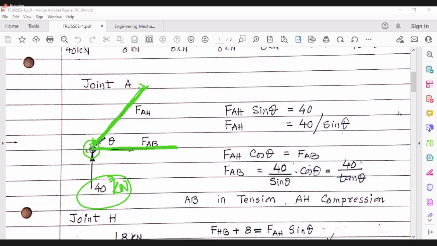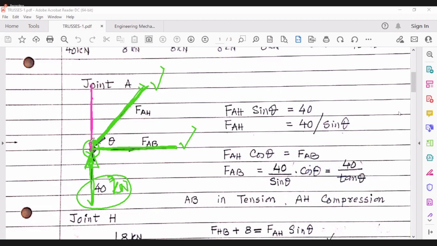Okay. Now this support reaction is upward only. This does not have a horizontal component. FAH has a vertical component over here. Now the vertical component of FAH plus this 40, their sum should be equal to 0.